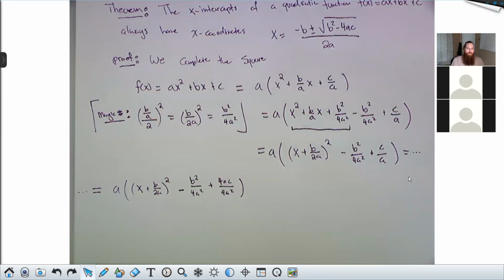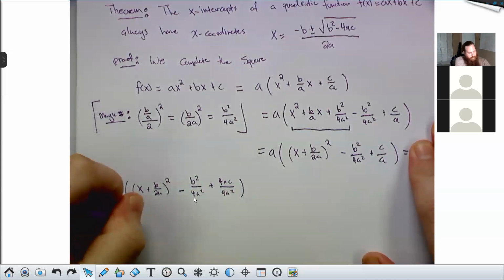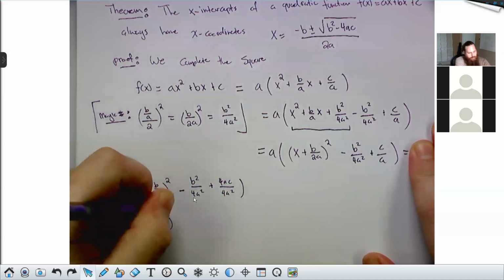And now we're almost done. Now that these have a common denominator, I can put them together. It's important to remember that this b squared term is negative. So when I put those together, I'll have x plus b over 2a squared.